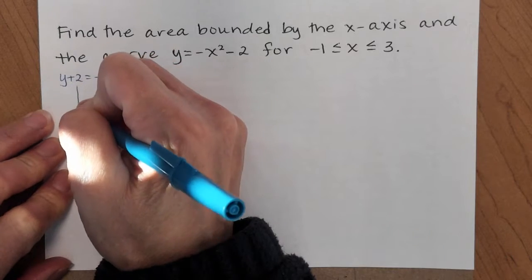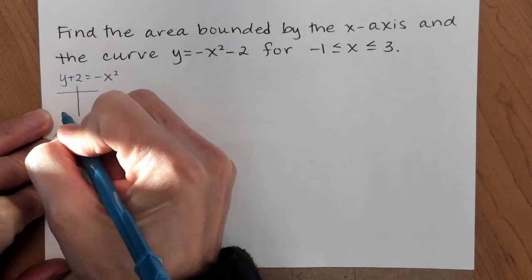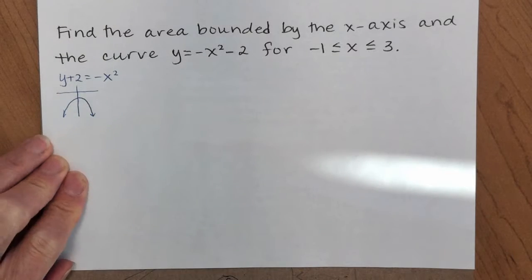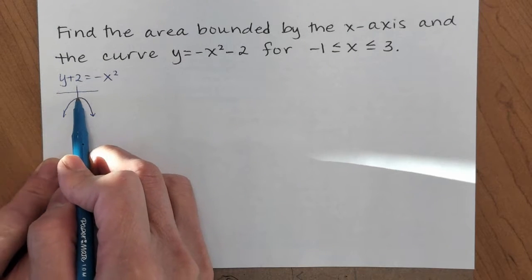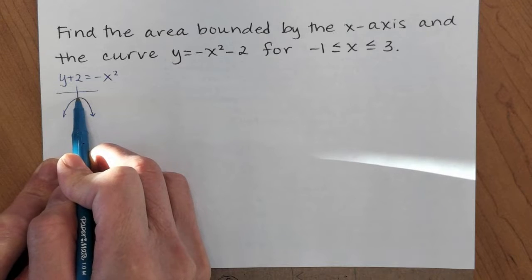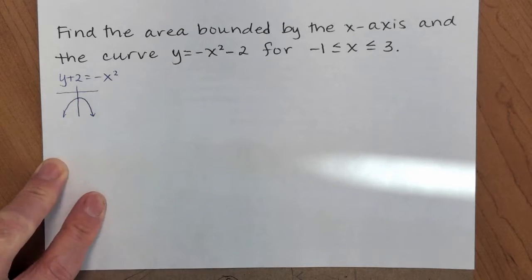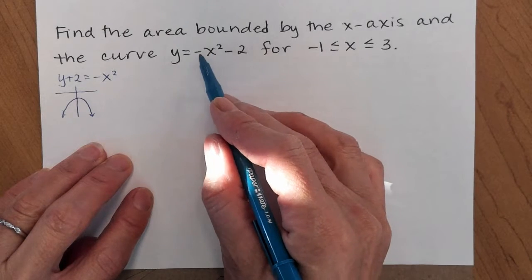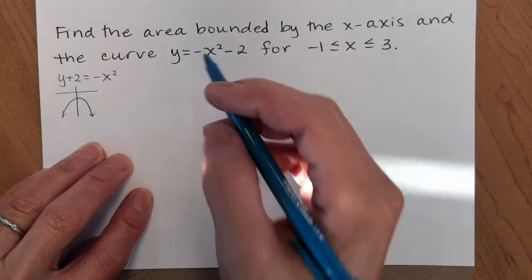So the parabola looks something like this, where the vertex would be at (0, -2). And again, we're just going to look at a particular region. When x is negative 1, the parabola is at negative 3.